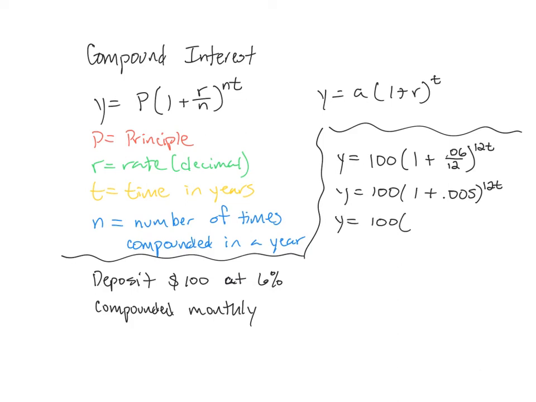Okay, and so then I just need to add those together, and that should be simple. And there is the equation for this situation. So if you wanted to know how much money you would have after 5 years, then you would plug in 5 for t, and then you could work it out. And you'd have to do 12 times 5 is 60, so you're doing something to the 60th power, definitely using a calculator.